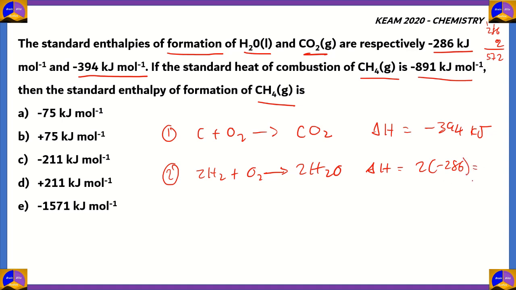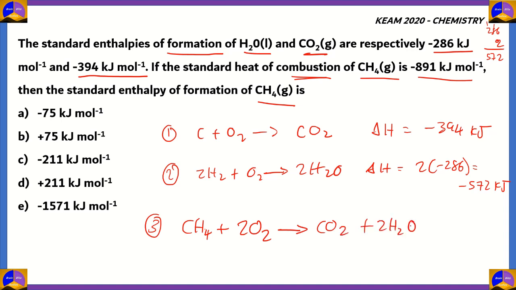Which is minus 572 kilojoules. And finally, you have CH4 undergoing combustion. So that means CH4 is reacting with oxygen to form CO2 plus 2H2O. Now, this reaction has delta H equal to minus 891 kilojoules per mole.